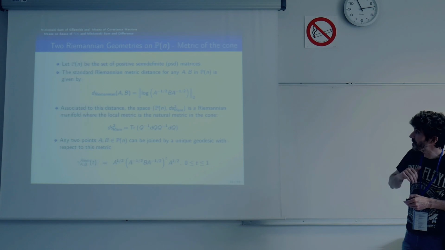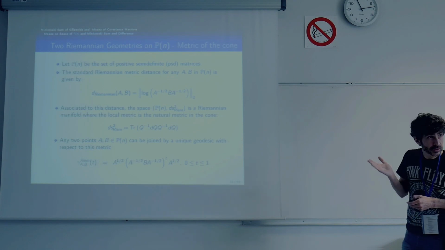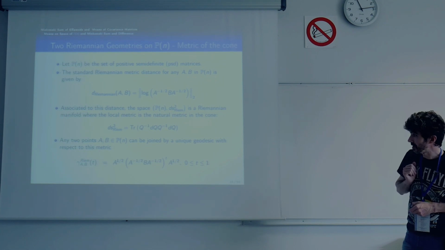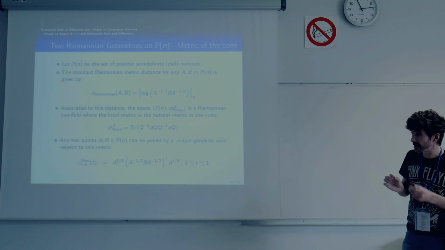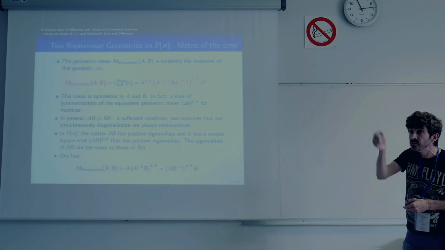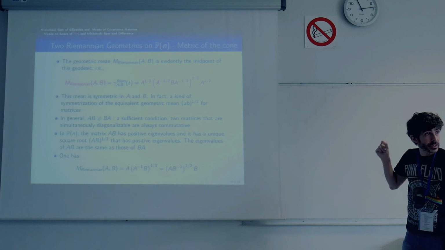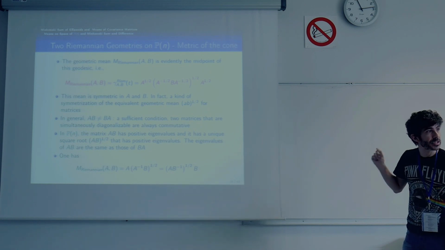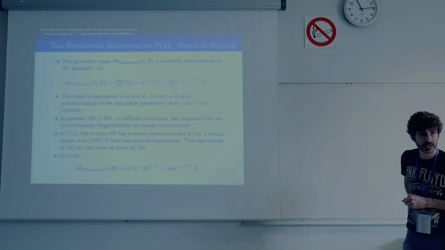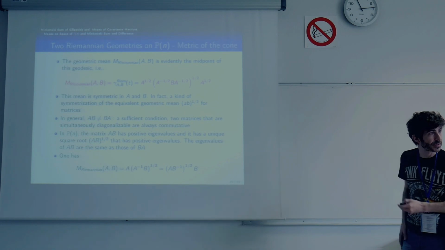Most of you are probably familiar with the geometry of the cone of the symmetric positive definite matrices. And you know from this geometry we have the metric. We can define from this metric the geodesic connecting two of these matrices. And in particular, if you take the point in the middle of the geodesic, you will obtain the mean between the two matrices. So this is the expression of the mean of two matrices in this geometry of the cone.